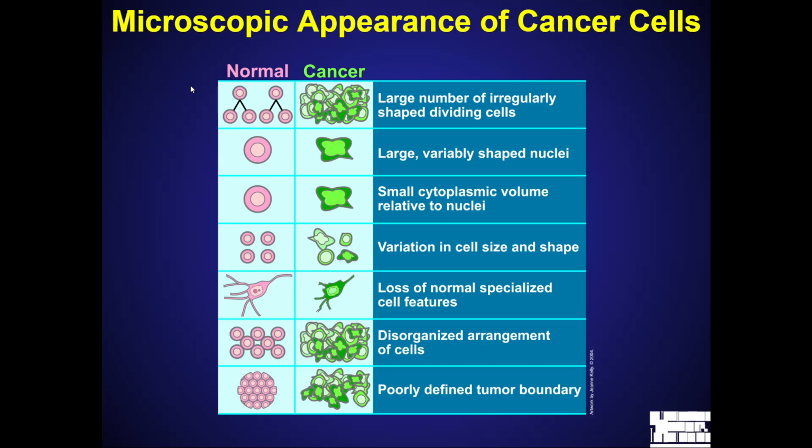They're kind of like the person who works a 9-to-5 job. They're basic, doing the same things, but they're doing what they're supposed to be doing, right? So in normal tissue, there are regularly dividing cells, and they have one nucleus, relatively circular, same shape. You can read these on the screen. There are no variations in cell shapes or sizes, and they have their specialized features, and they're organized, right?